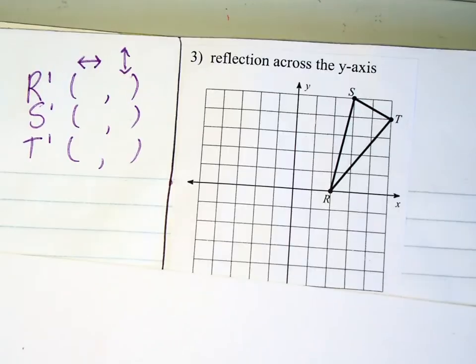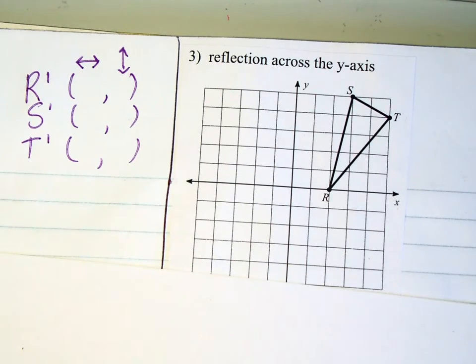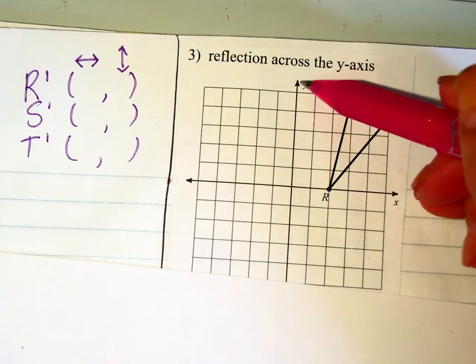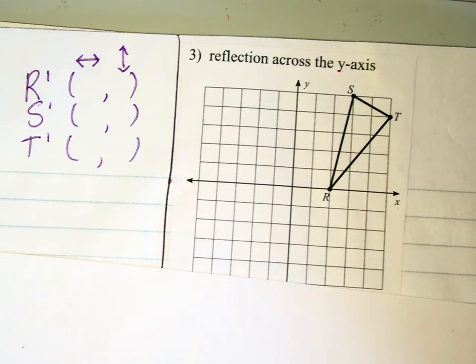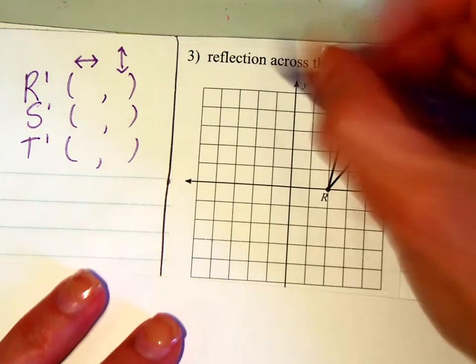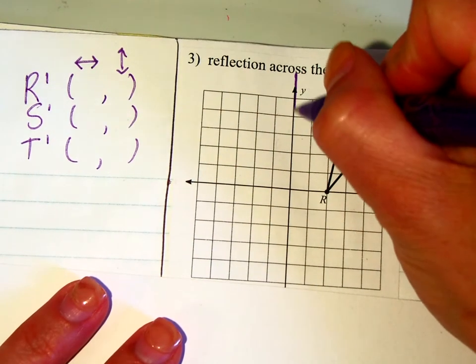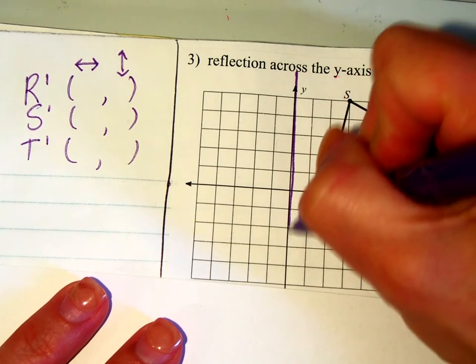Okay, let's try a few more. Okay, this time we are reflecting across the y-axis. So you have to look at the axes, which ones are labeled, and you're looking for the one that is labeled y. Okay, that's going to be our line of reflection. So I'm going to darken that y-axis here.